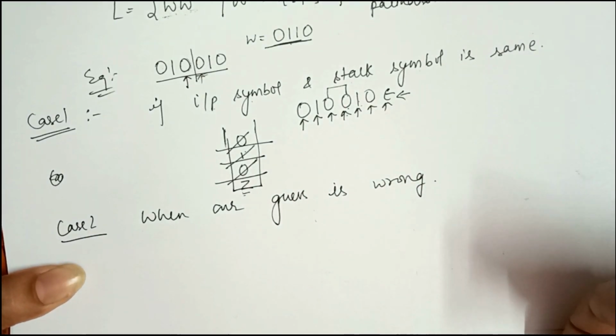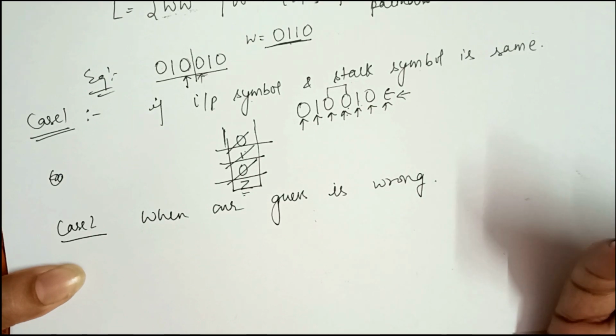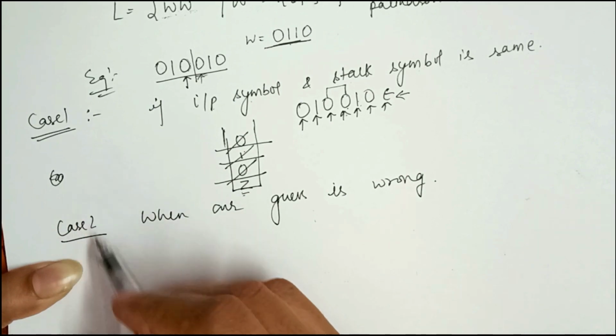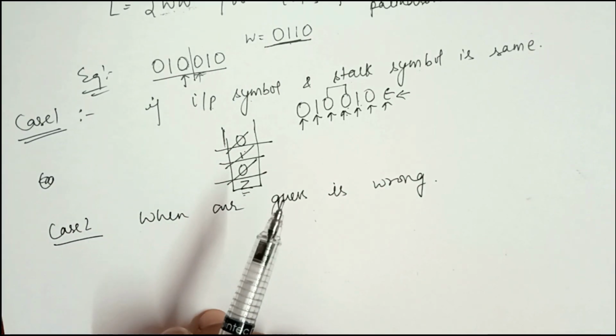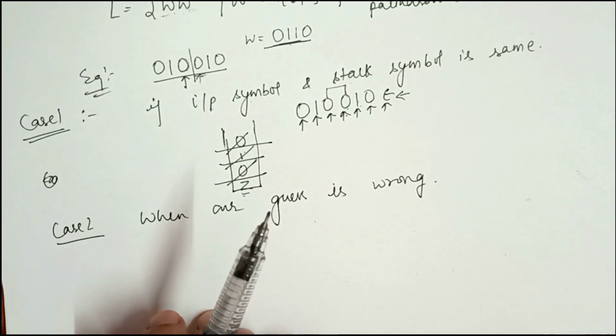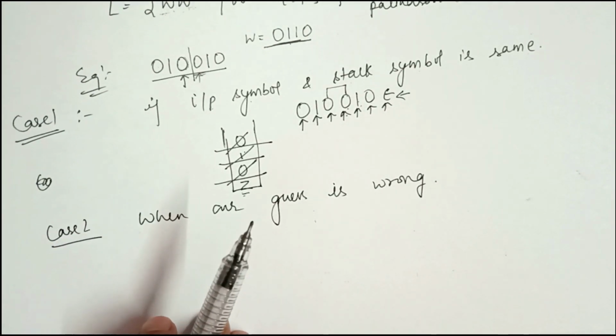This means that the solution for this problem is non-deterministic, so we use a non-deterministic pushdown automata for both cases, case 1 and case 2. So let us see how we solve this problem, or how we solve the non-deterministic pushdown automata.